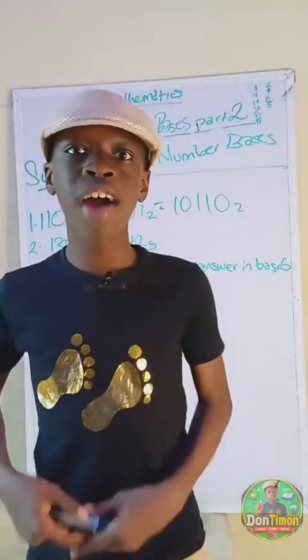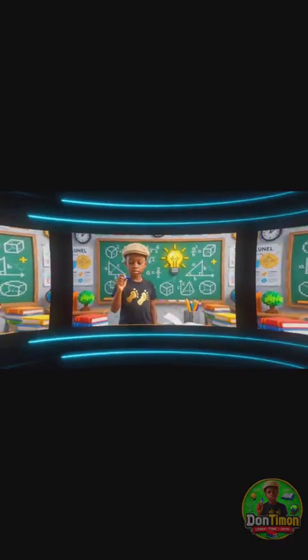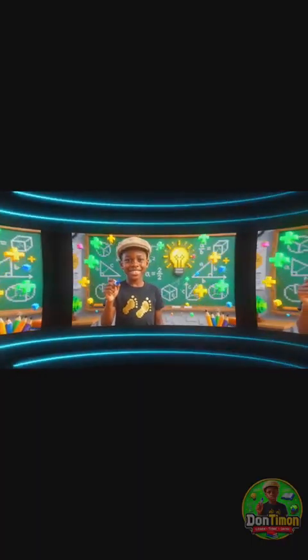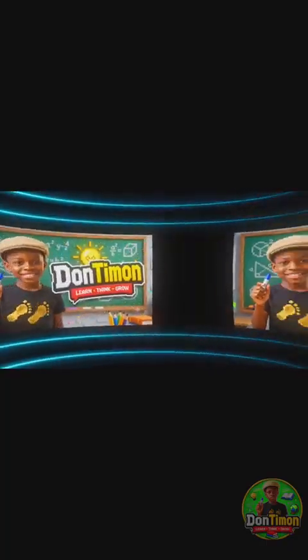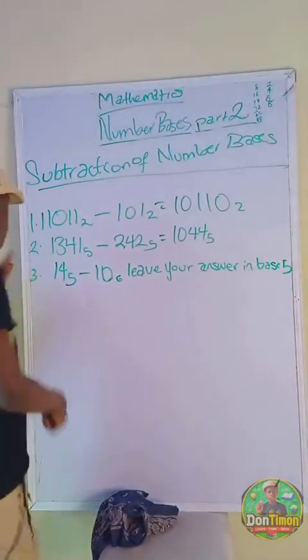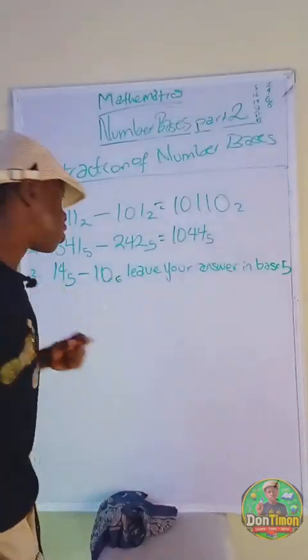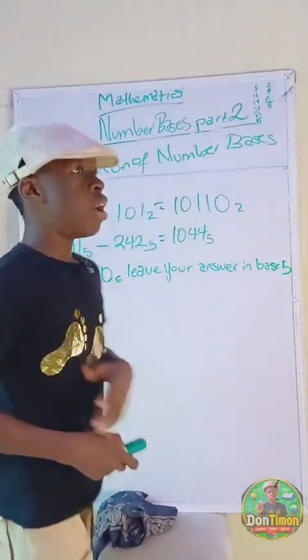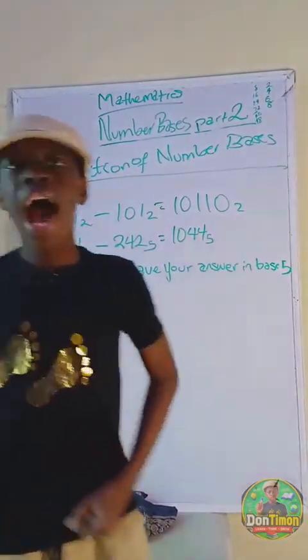Now, let's move over to something a little bit trickier. We have this question. 14 base 5 minus 10 base 6. Leave your answer in base 5. You can see both of their bases are different.